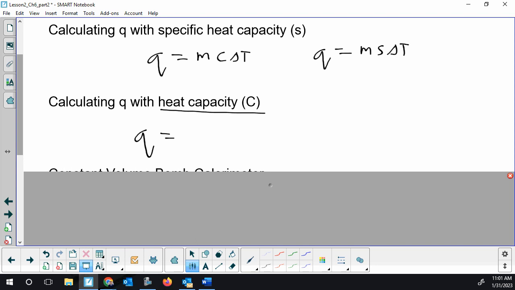There's a value for the mass and the specific heat capacity all combined together. There's a reason for this. Maybe the surroundings is multiple materials, multiple metals, some metal and some water. And this C value takes into account the whole surroundings. And you still need your delta T, of course. So the switch, and you'll have some questions to work on this, mc just turned into big C. So if you know the mass of the material and you know little c, that is equivalent to this big C.